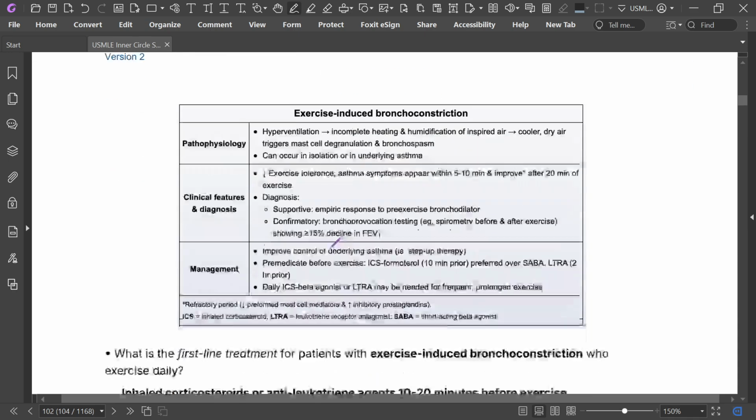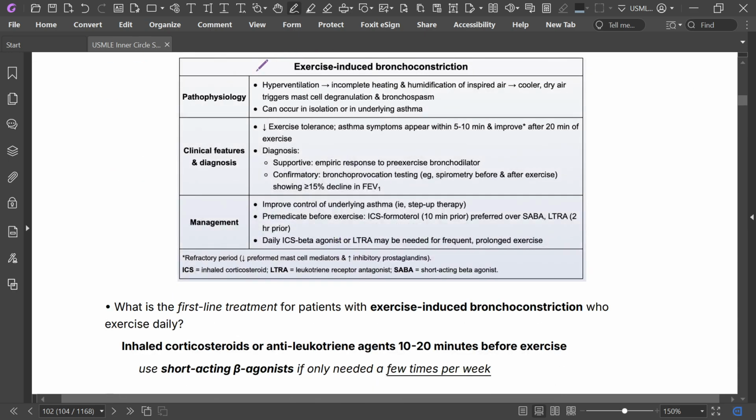Now, exercise-induced bronchoconstriction. It can cause hyperventilation, incomplete heating and humidification of inspired air, cooler, dry air triggers, and mast cell degranulation. Bronchospasm can occur in isolation or in underlying asthma.